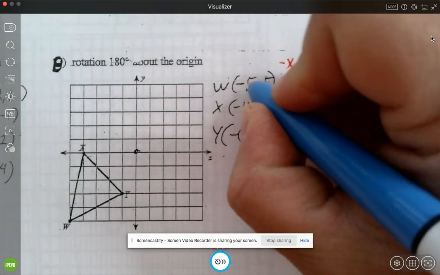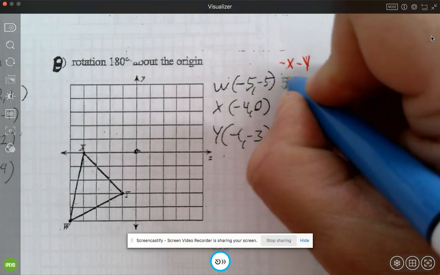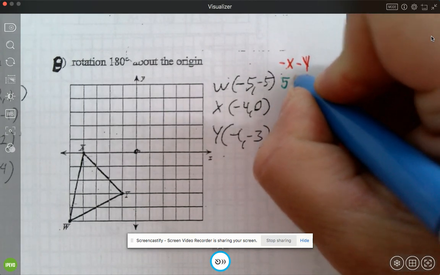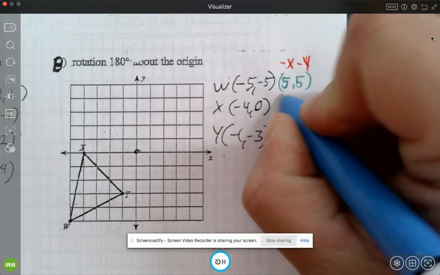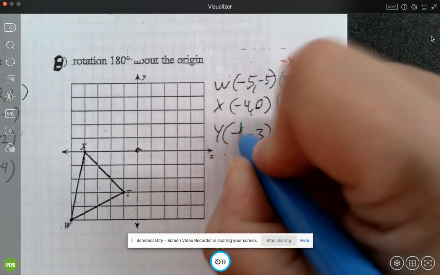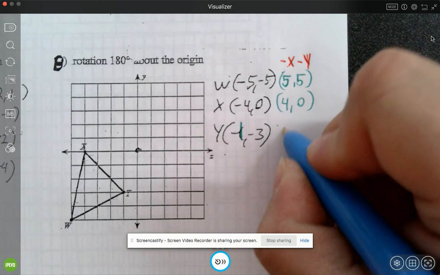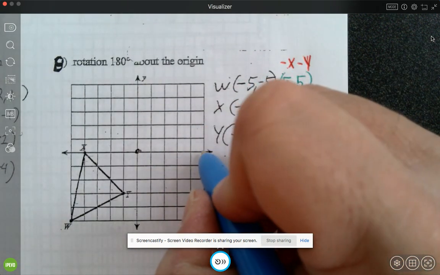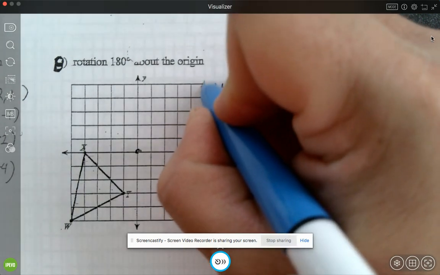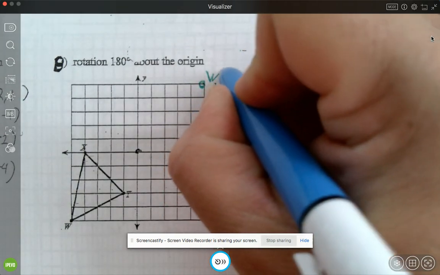I'll make this, instead of -5, 5, 5. Opposite of -4, 0 is 4, 0. That's actually a -1. Opposite of -1, -3 is 1, 3. That was too easy. So now I'm going to go over here, 5, 5, W prime.